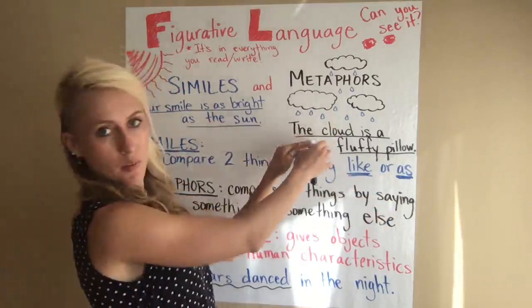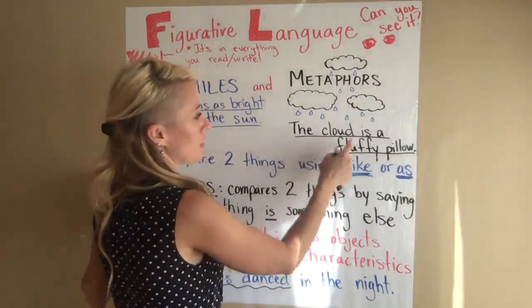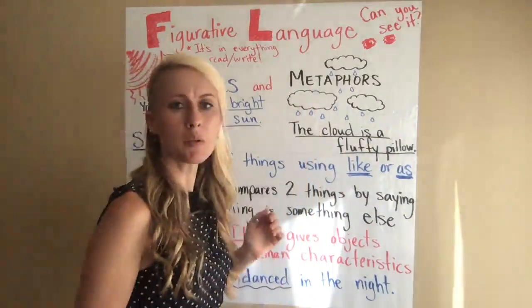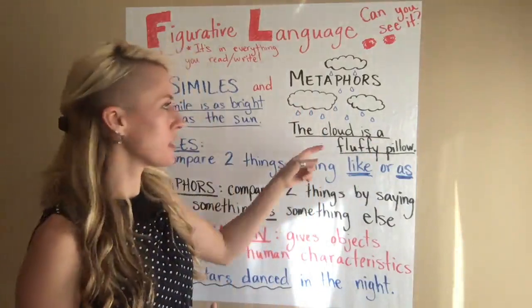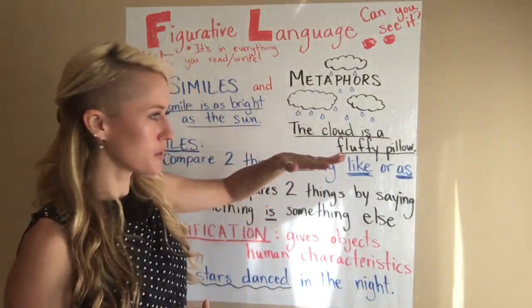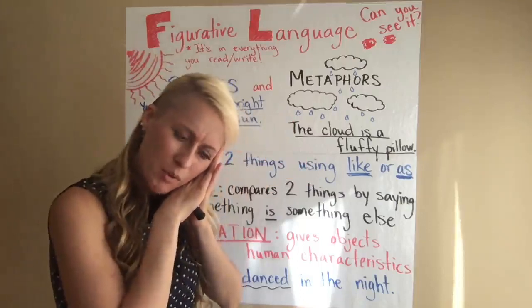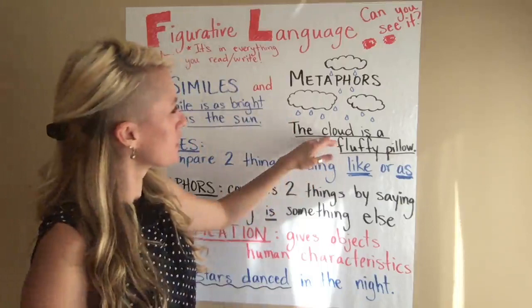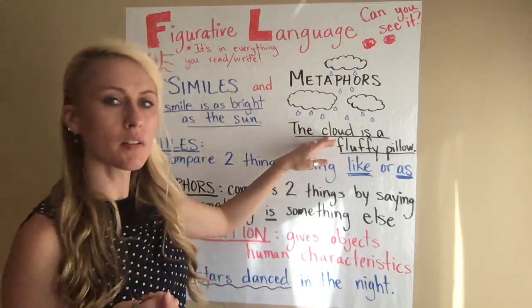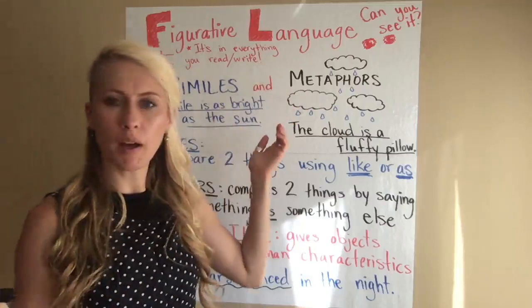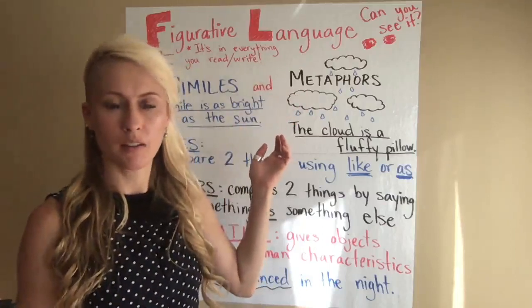Let's come back to this example. The cloud is a fluffy pillow. Here's our cloud. What is the sentence saying? Remember that this is figurative language, so it does not mean that the cloud is an actual pillow that you would sleep on. That would be interesting, to sleep on a cloud. It doesn't mean that. It means what? Maybe they're looking at the cloud and they're like, oh wow, it looks like a pillow.